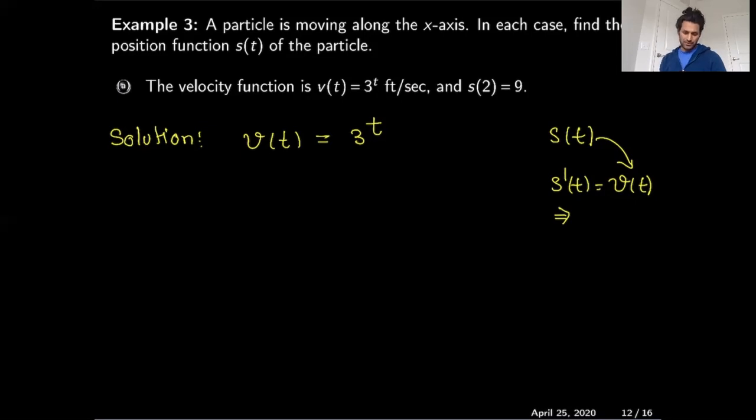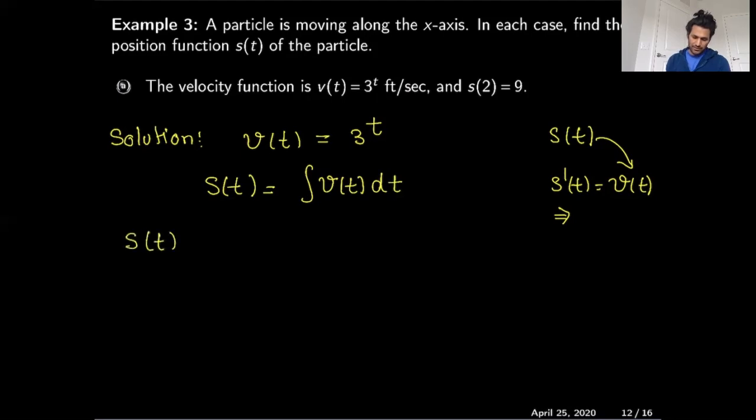So s of t will be the antiderivative of velocity. That's one thing we will use. So what will s of t be?